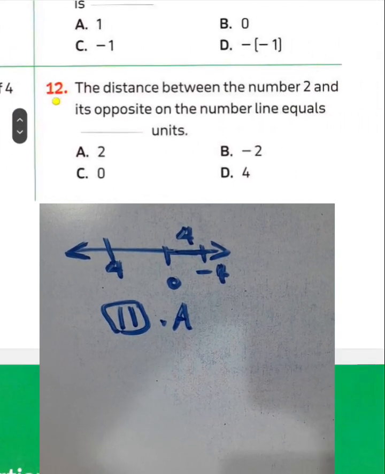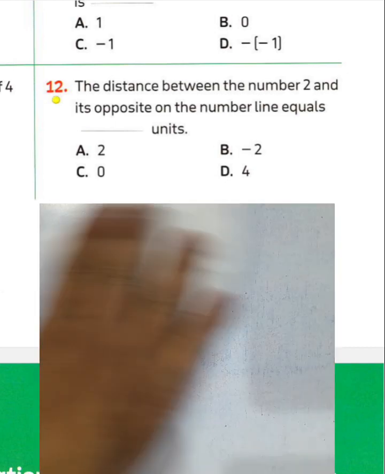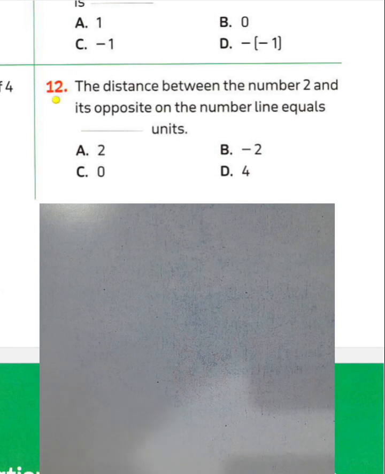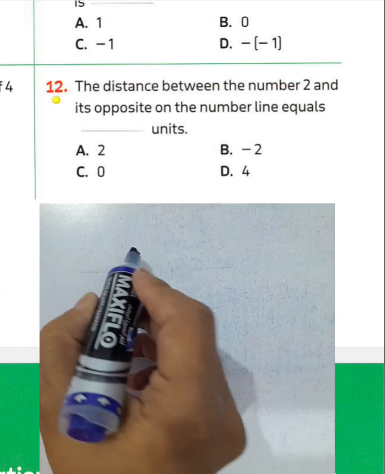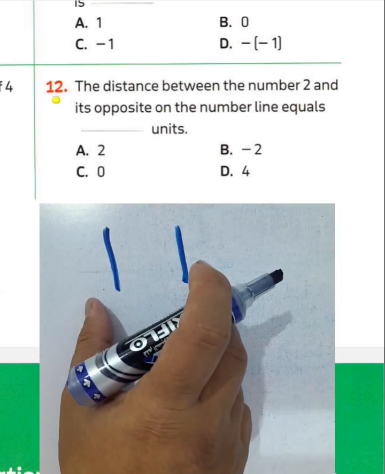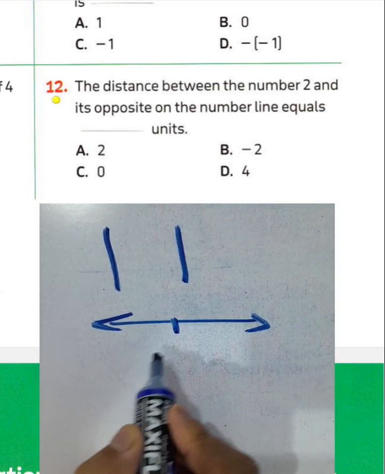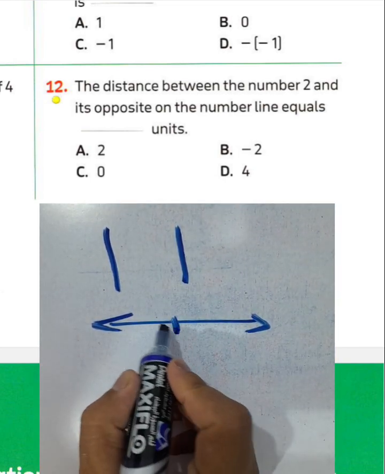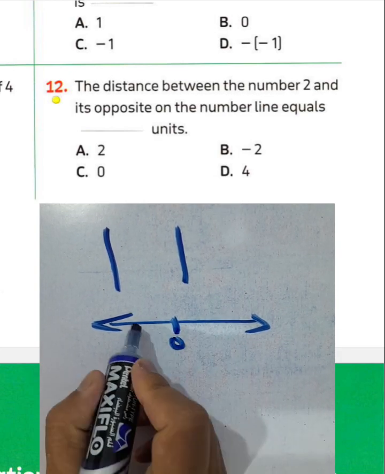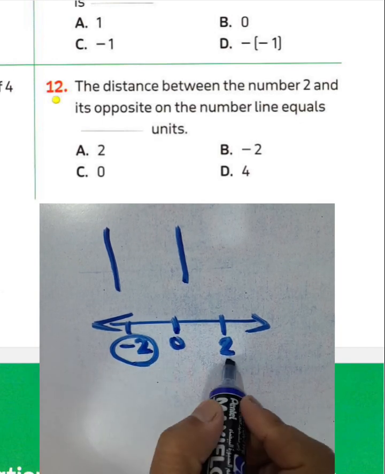Question 12. The distance between the number 2 and its opposite on the number line equals blank units. It will be 4. Why? Because if you want to find the distance between any two numbers, you must find the absolute value of the difference between the greatest and the smallest. On the number line we have 0, and here -2 and 2, the opposite of 2.